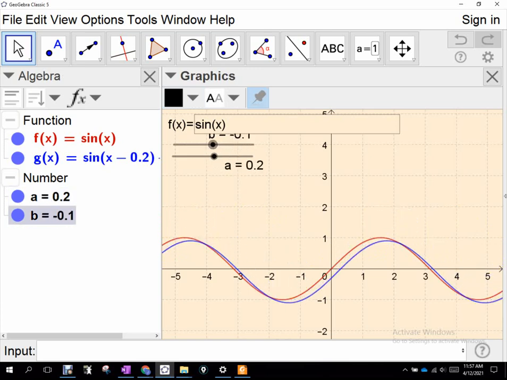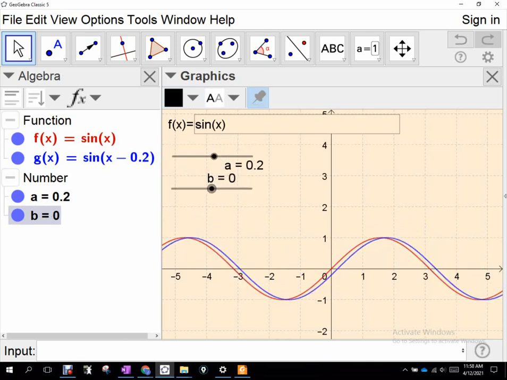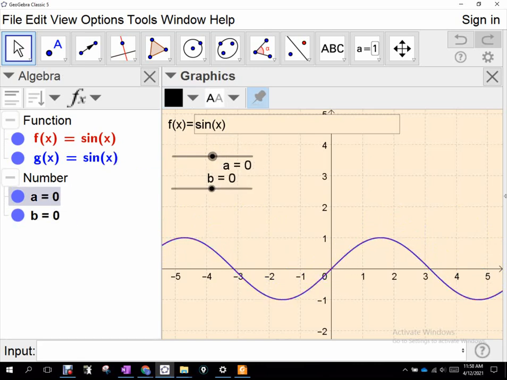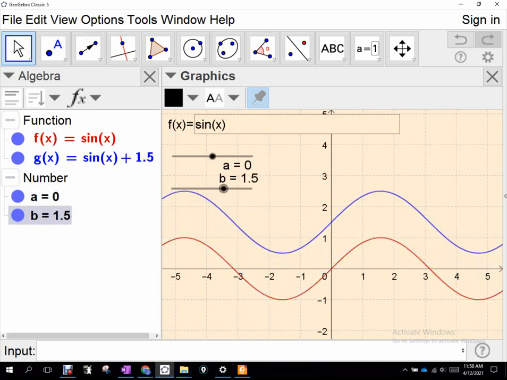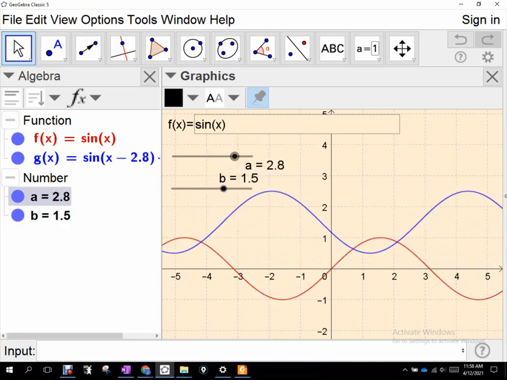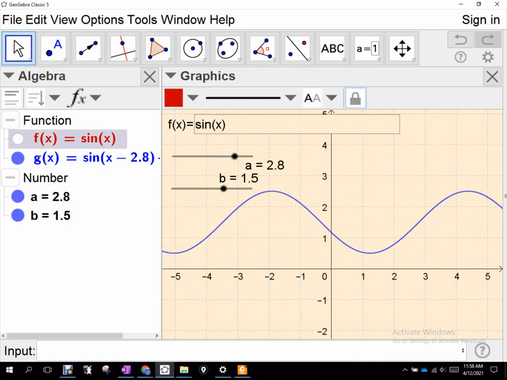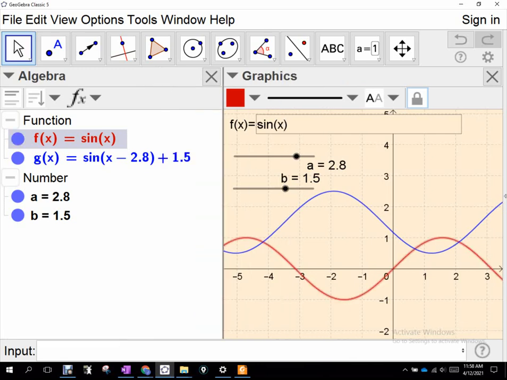So if I get everything back to zeros here, okay, that is what we call our parent function. Well, if I ever have something that comes across and looks like that blue one, which is different than the red one, okay? I should know that based on this, let's look at this.